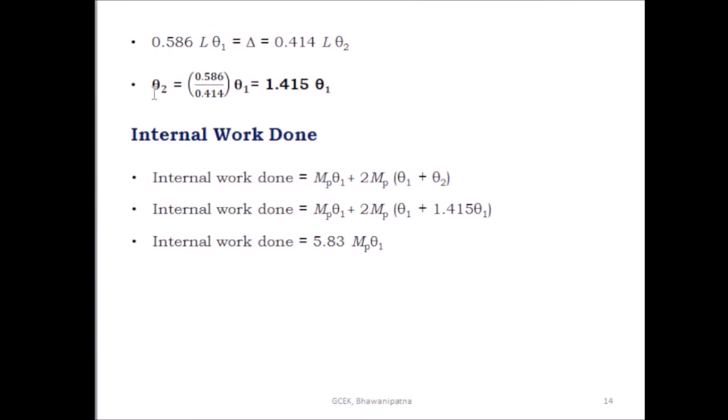From this relation you get theta 2 is equal to 0.586 by 0.414 theta 1, which is equal to 1.415 theta 1. Then put the value of theta 2 in this equation. Then the internal work done is equal to MP into theta 1 plus 2 MP theta 1 plus 1.415 theta 1. Then the internal work done is equal to 5.83 MP into theta 1.